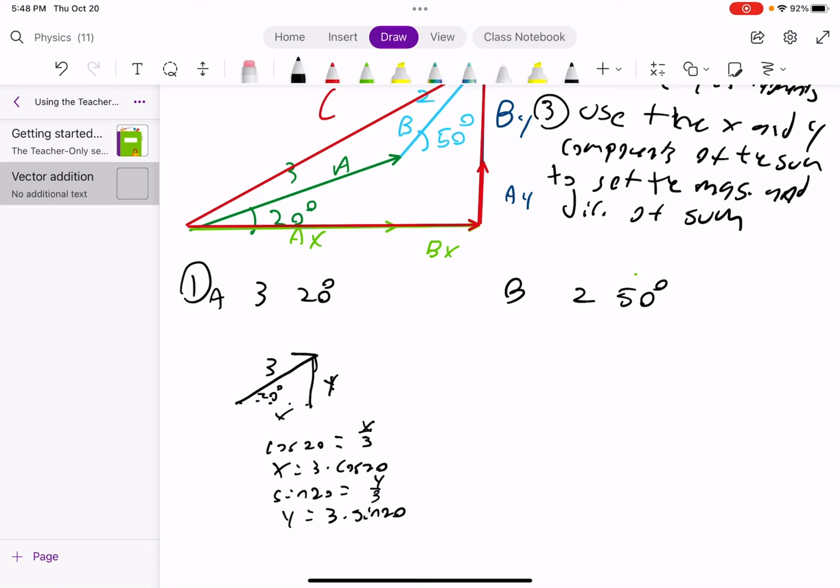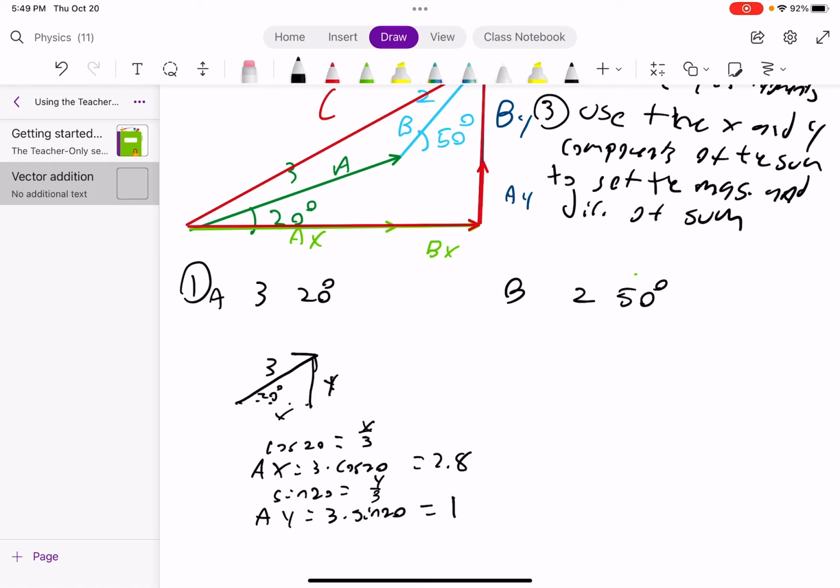You take out your calculator and type in 3 times the cosine of 20 and you get 2.8. This is Ax and this is Ay. Then 3 times the sine of 20 gives approximately 1.